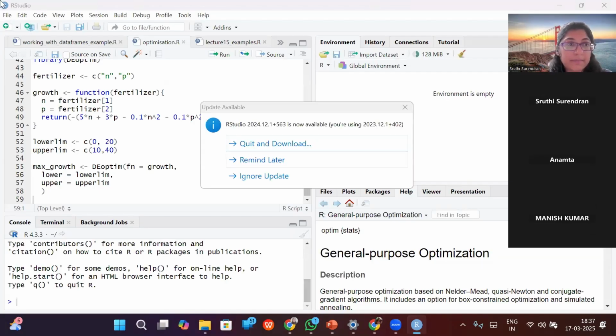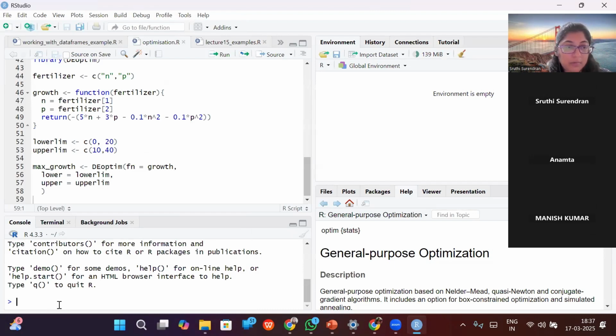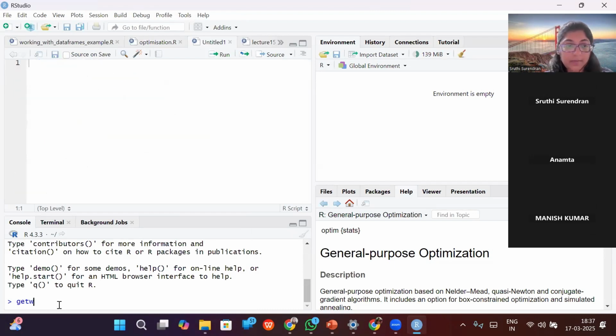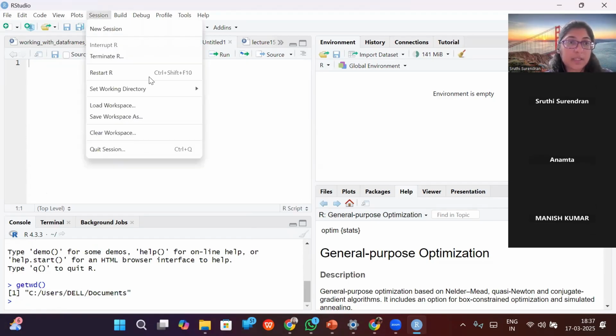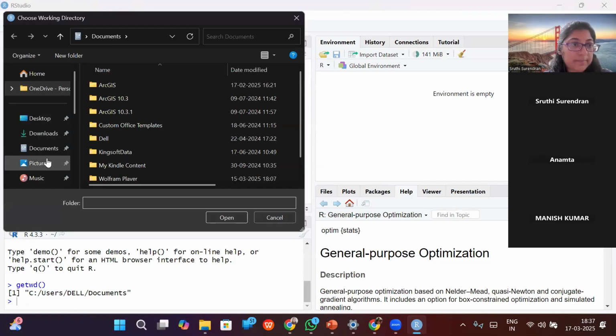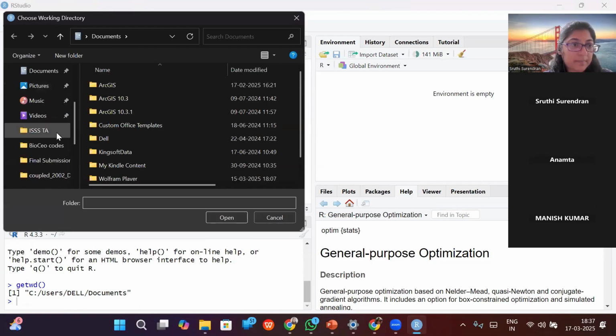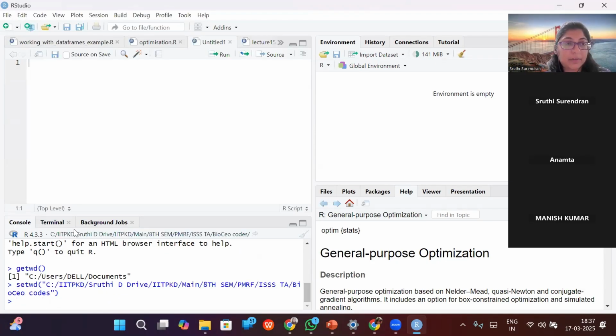We start a new project. Now I want to set the working directory. This is my working directory, and I want to set it to my required directory, which is BioPro codes. Now my directory has been set.